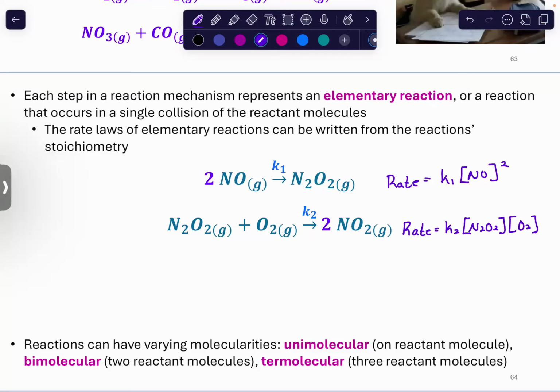If we're doing that, let's remind ourselves what it looks like to add together chemical equations. So if I add these, what I'm going to get is 2 NOs plus nitrogen peroxide.